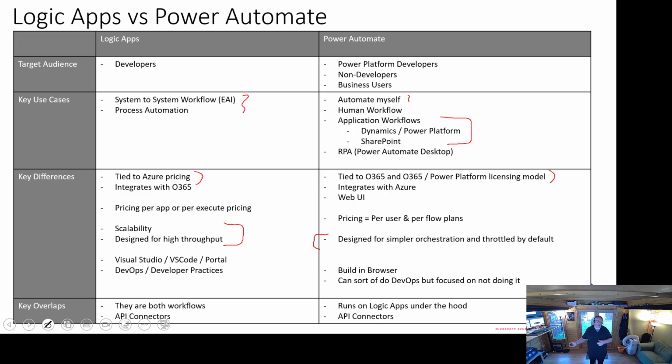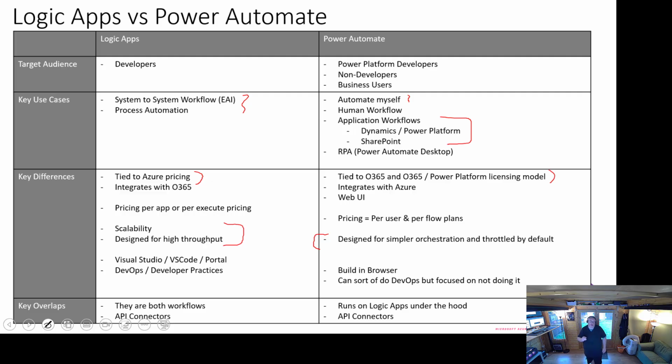If you want to scale them, with things like Logic Apps Standard, you can scale out your nodes on your plans and things like that. With Power Automate, you don't really have any kind of dials and knobs you can turn to tune your flows as much. So I guess you look past the workflow that you build to how it runs, how you get it to run efficiently. That's really where Logic Apps has options that Power Automate just doesn't.